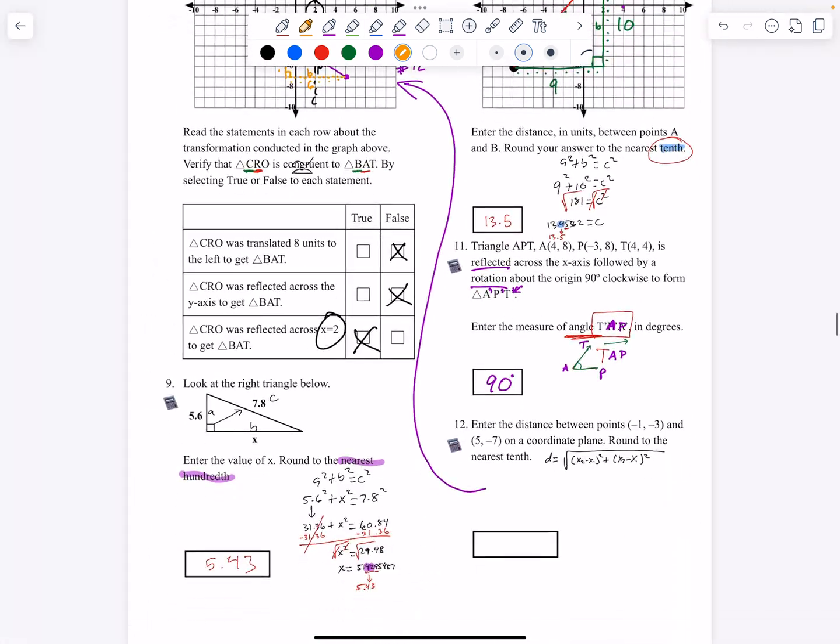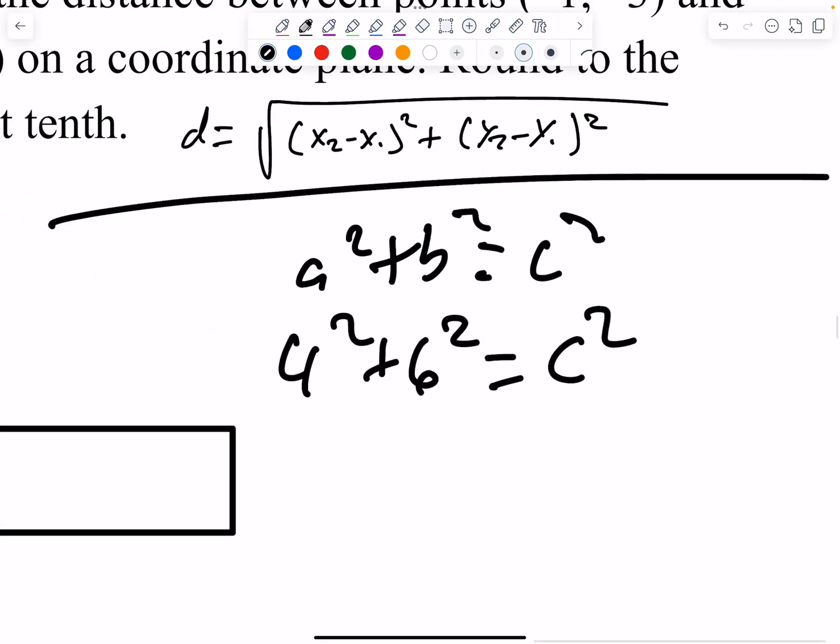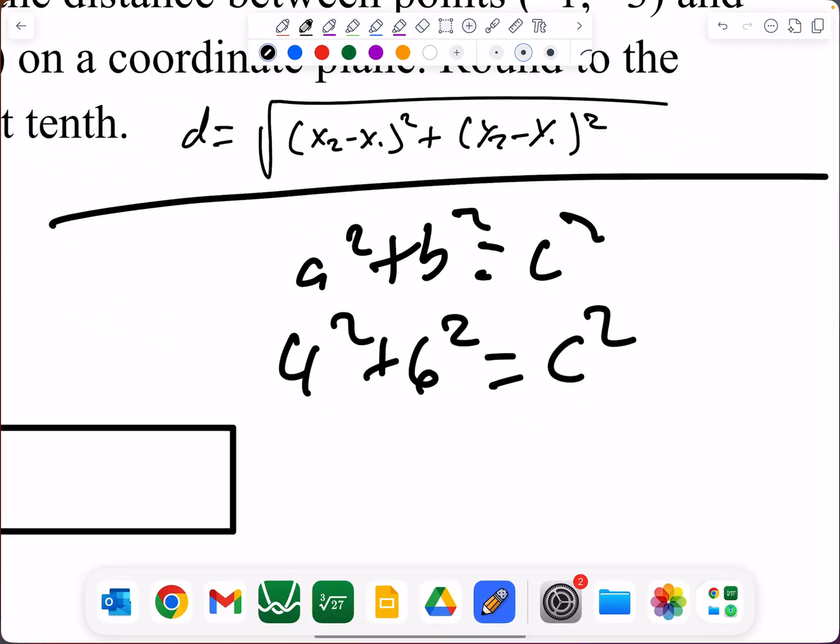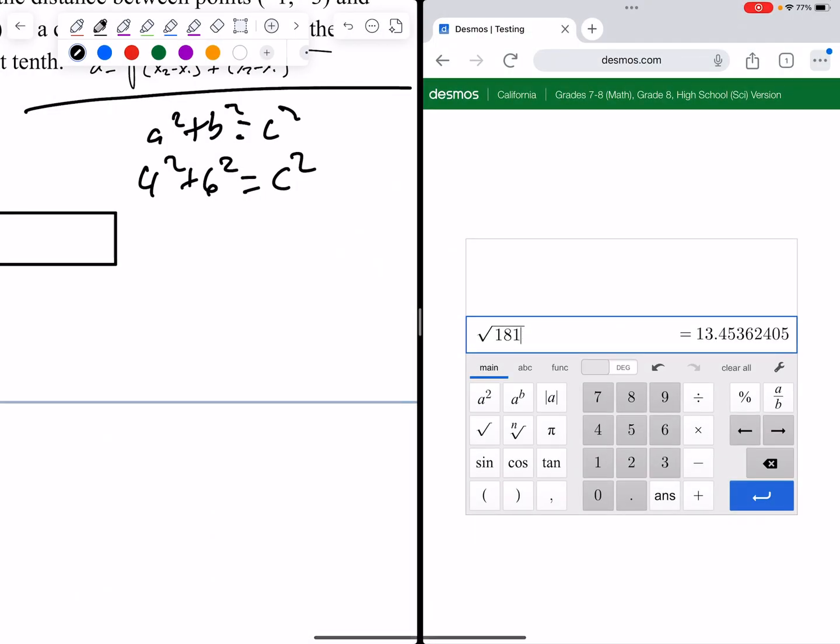So now I can go back down here and say a squared plus b squared equals c squared. 4 squared plus 6 squared equals c squared. And then I get calculator time. 4 squared plus 6 squared equals 52.